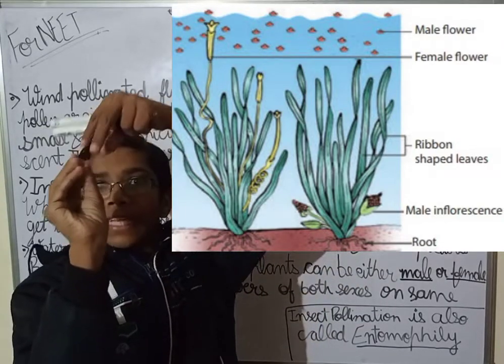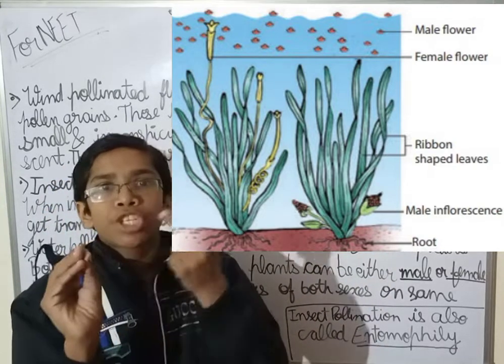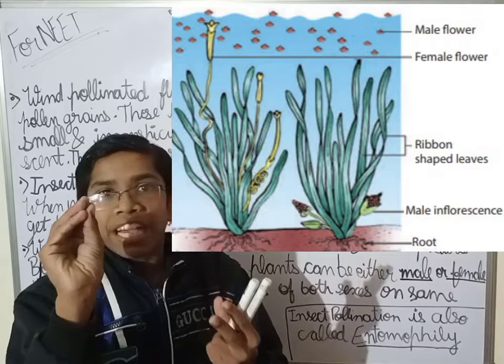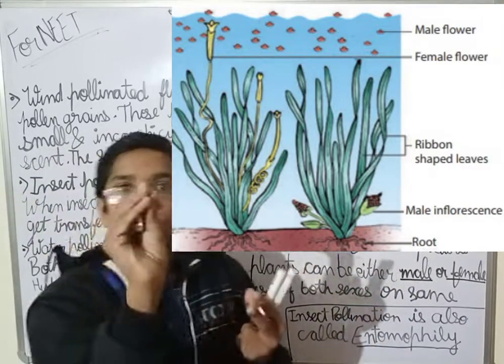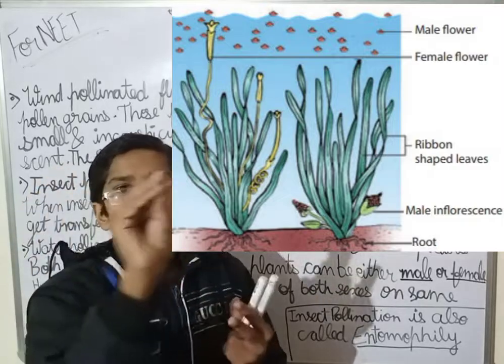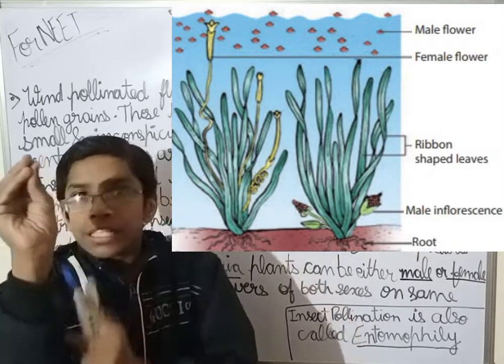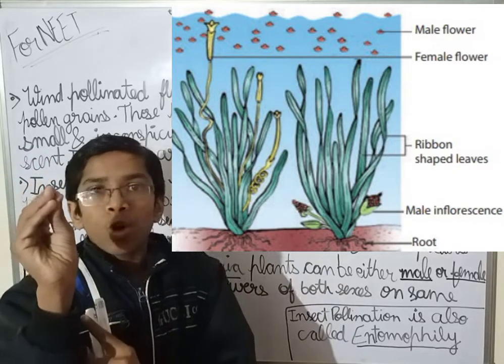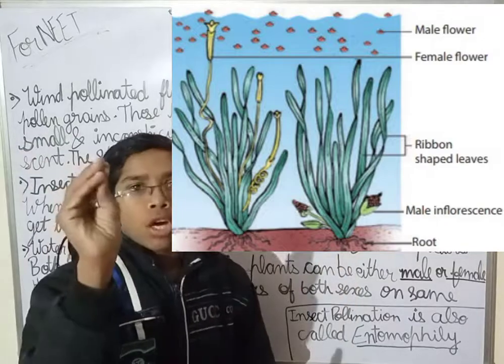The flower is at the surface of the water and now the flower becomes mature. Then it will float by remaining attached to the stem, to the stalk.